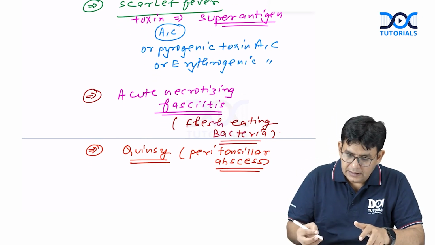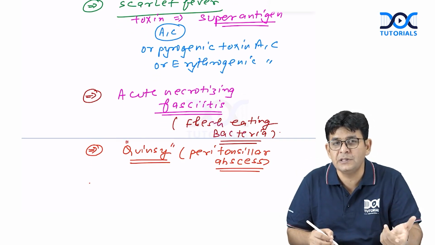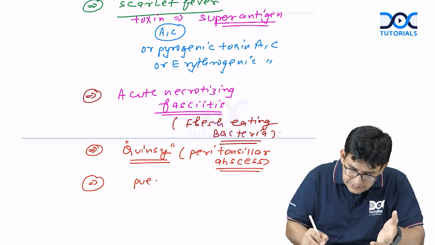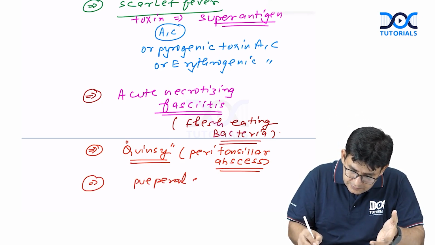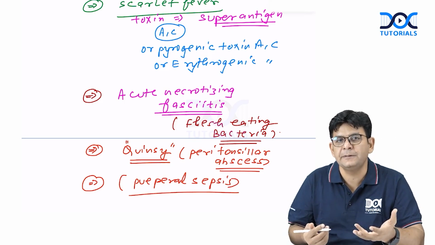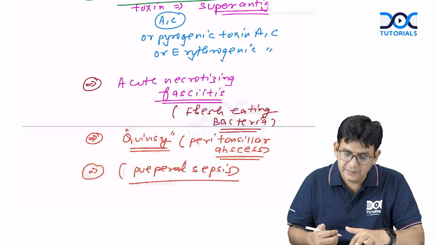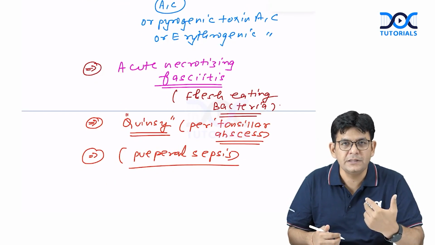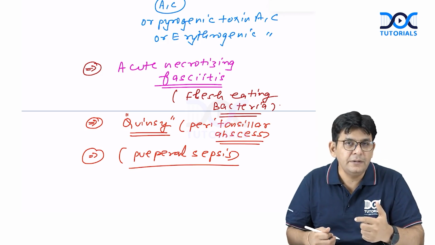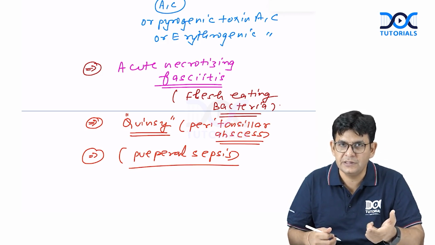Now, other than that, if somebody asks you which other things Streptococcus pyogenes does, remember this, guys: puerperal sepsis. After the pregnancy, the infection happens in the puerperal period. That is being done by this Streptococcus pyogenes. Is it fine? So these are the important pyogenic infections done by Streptococcus pyogenes.